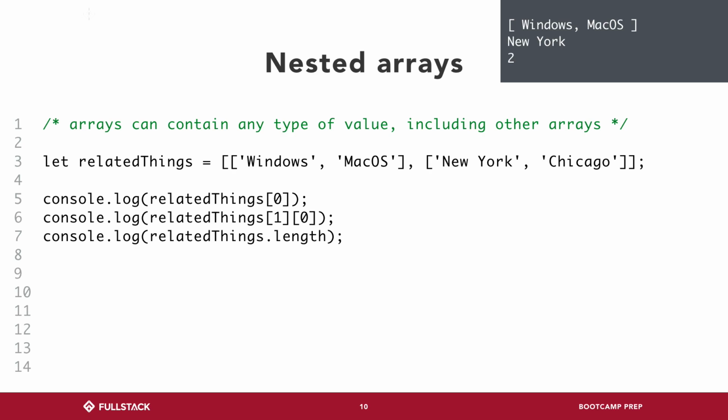So instead of console log related things 0, maybe I would say let first array equal related things 0, and then I know I'm talking about a singular array. It's really, really useful, especially when you're going back to read it again.